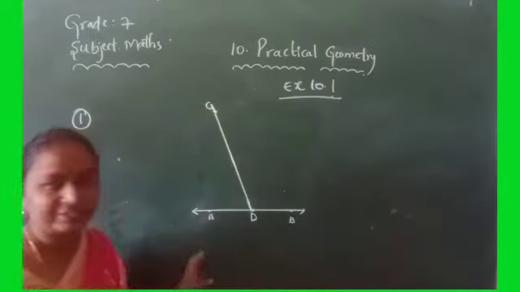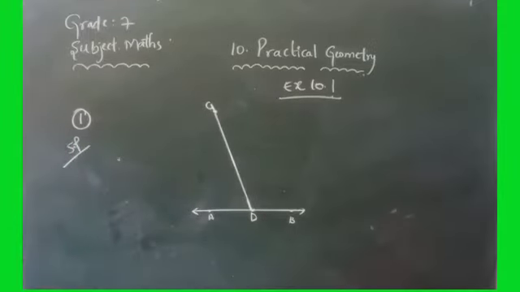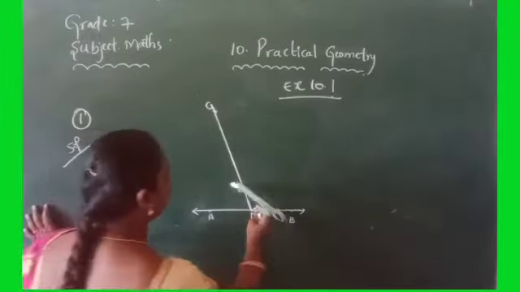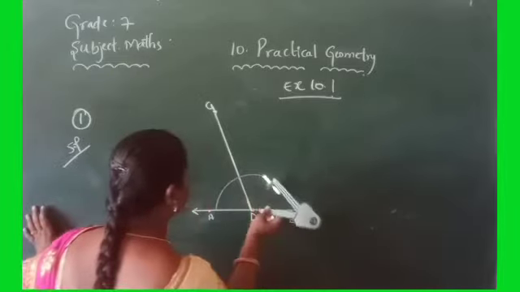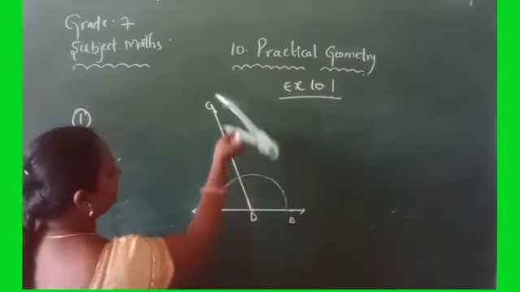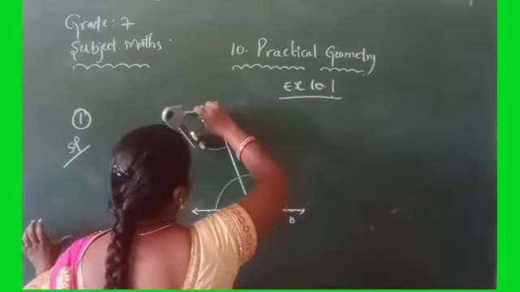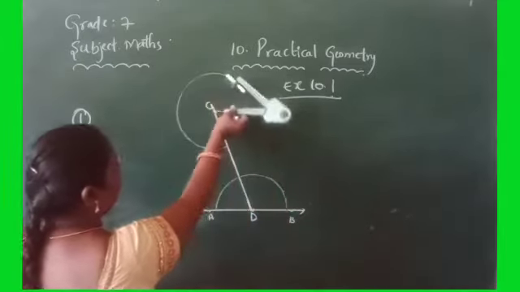Now with D as the center, take some convenient radius and draw one arc. Similarly, with C as the center and the same convenient radius, draw one more arc.